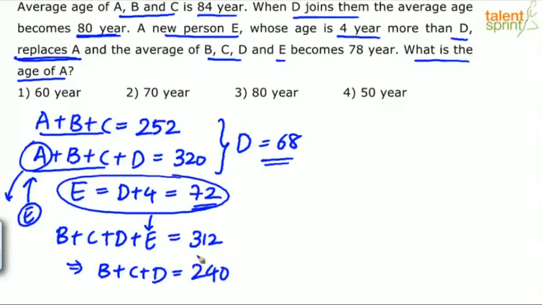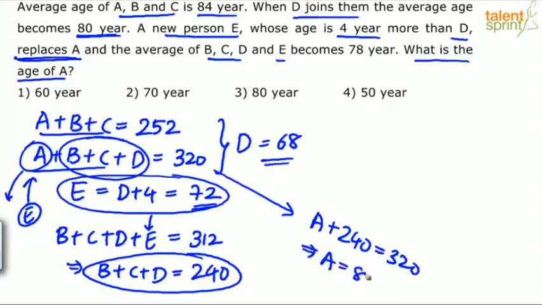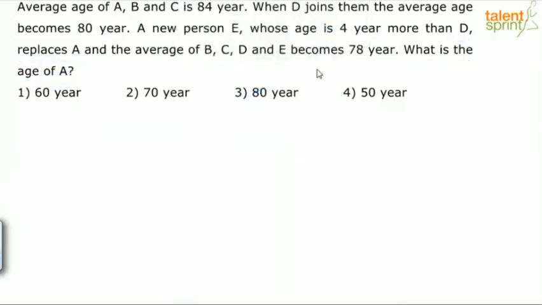So B plus C plus D is 240. Now substitute B plus C plus D as 240 in this equation. So from this, we can say A plus 240 is equal to 320. So what should be the age of A? Age of A should be 320 minus 240, which comes out to be 80 years. 80 years, option 3 would be the answer. So it's all about writing the proper equations and solving them to get the required answer.